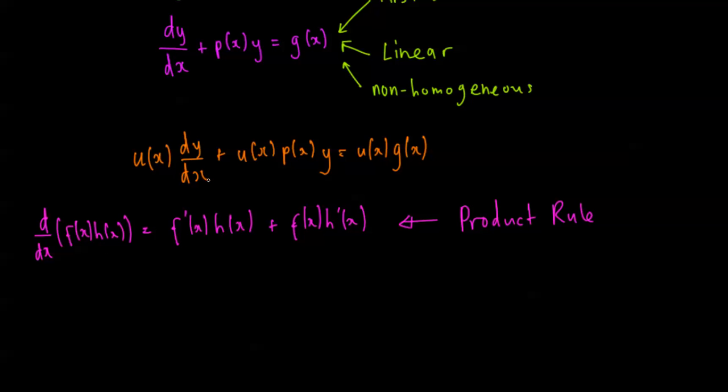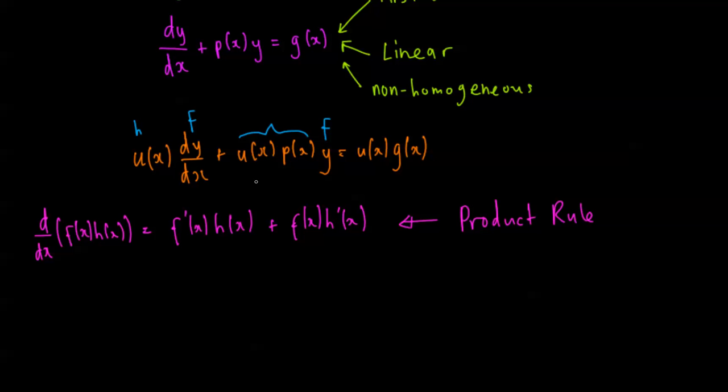So let's look at this equation. f is the derivative of y, so I'll call this f, and h of x I'll call u. Over here, f would be my y, because that's the derivative, so f dash of x, f of x, and u of x will be equal to u of x p of x.